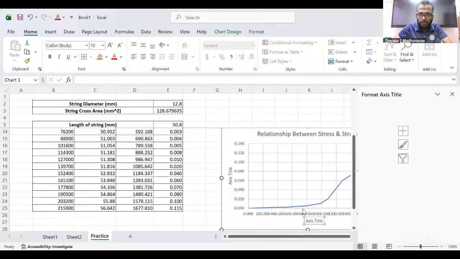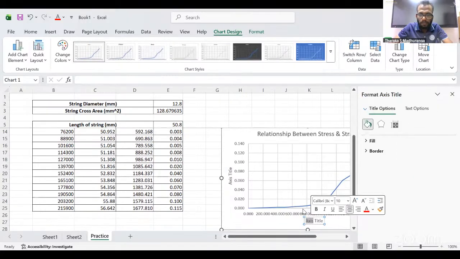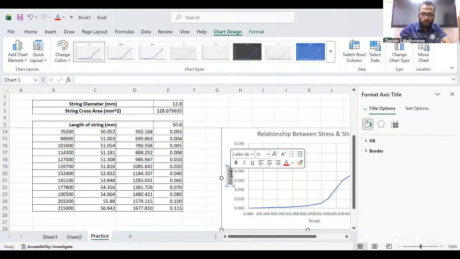The x-axis is strain, no? Strain and stress.